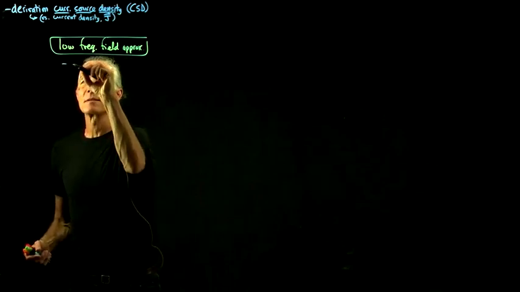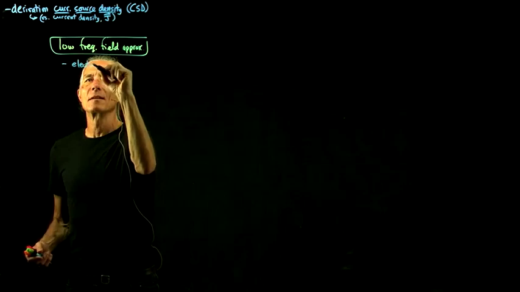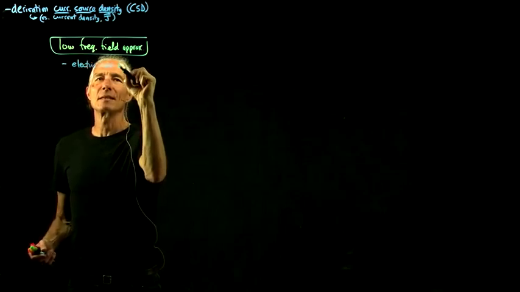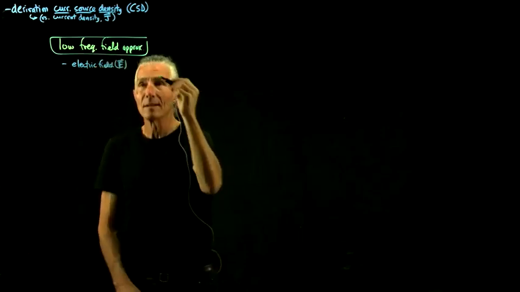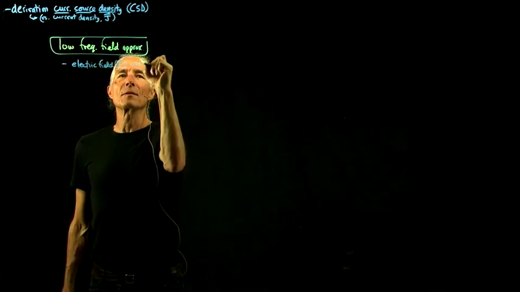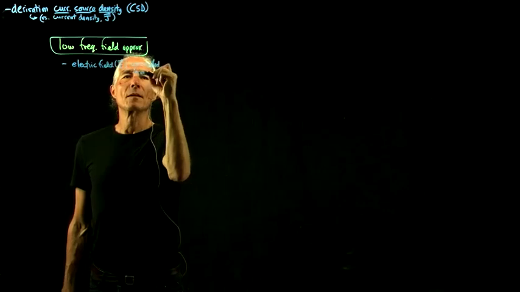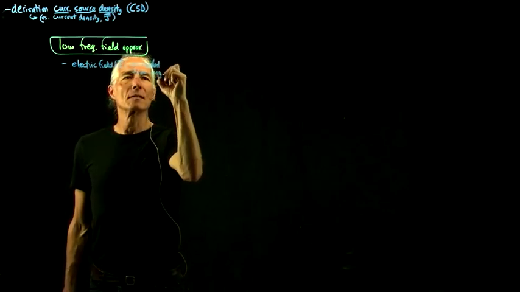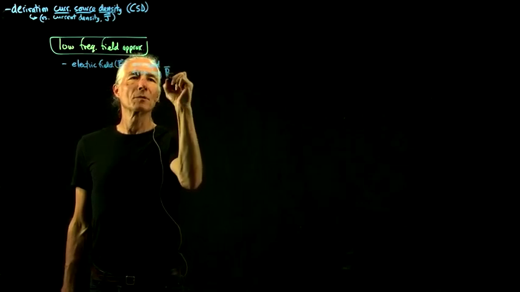So the electric field, that's E vector, is uncoupled from the magnetic field, which is B or H. We'll just put B there.